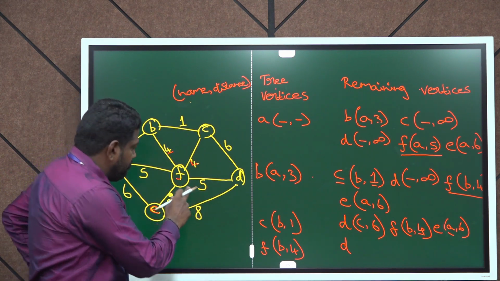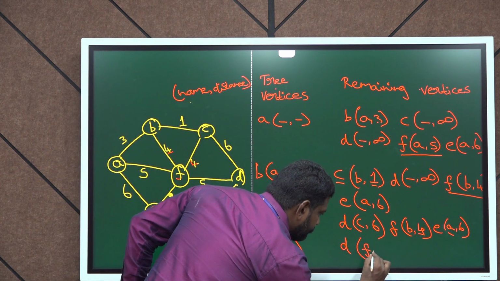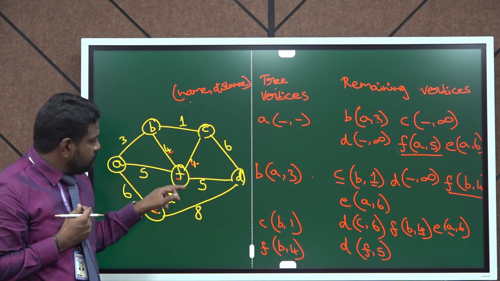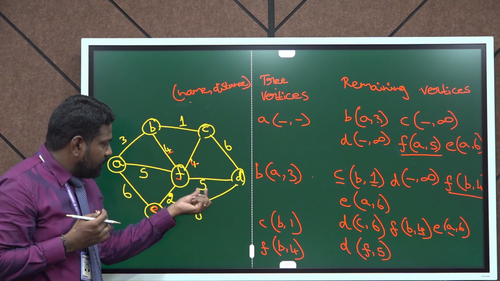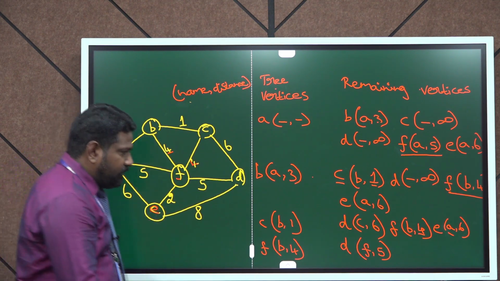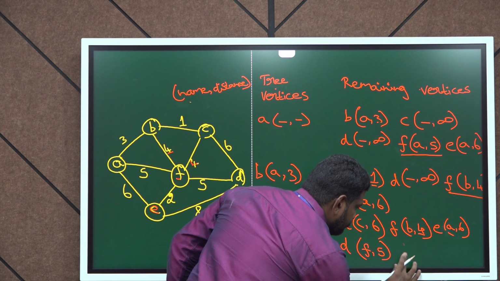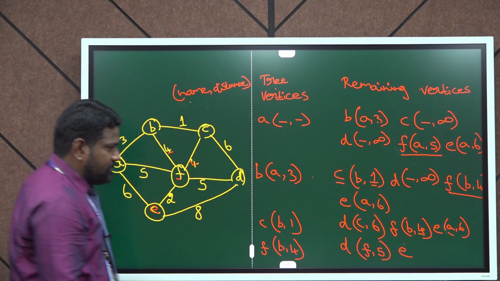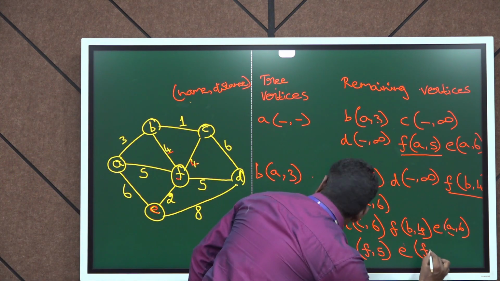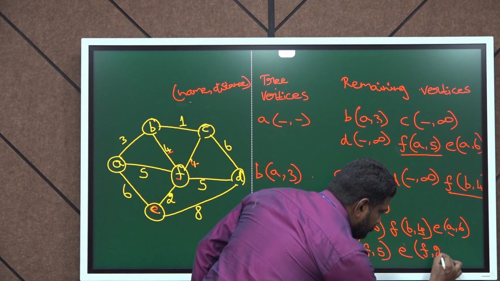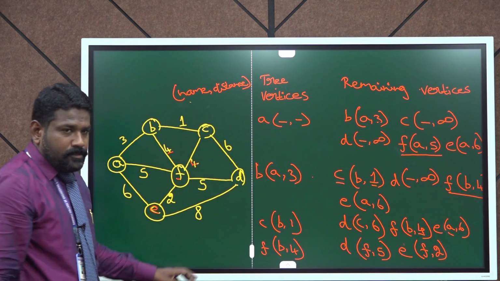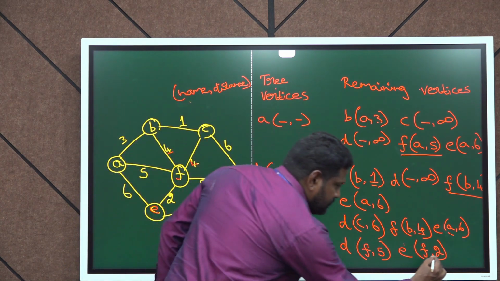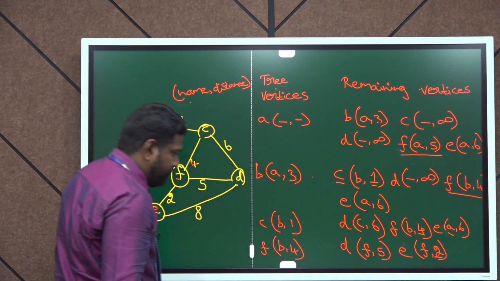But now from F it is 5. So from F if I go to D the weight value is 5. Likewise for E, initially we came from A, the value is 6, but if I go from F the value is 2. So that is going to be the next vertex among the remaining vertices. From this, 2 is the minimum value.